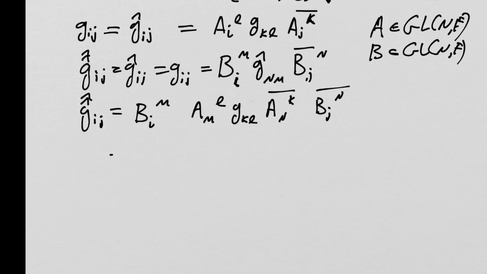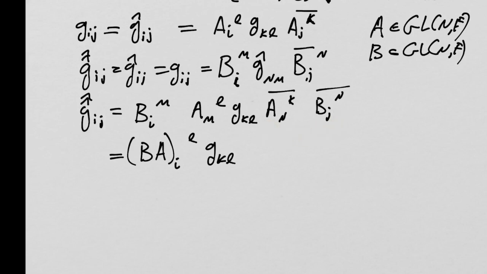And so I can write this as a matrix B times the matrix A, and the remaining indices are I, L, and then this is g_KL. And these guys here are the conjugations, right?